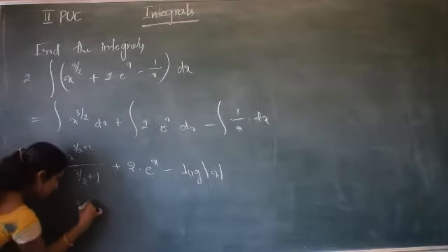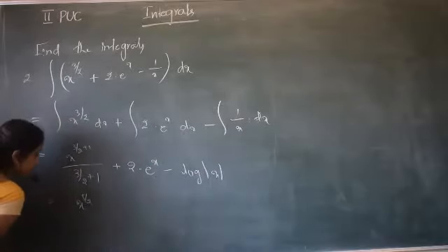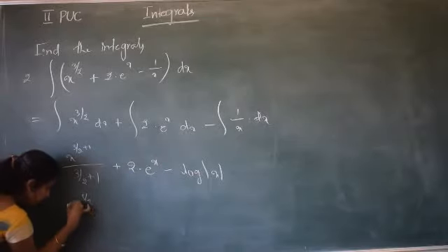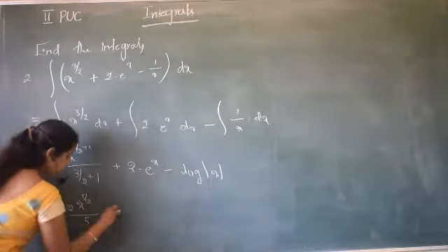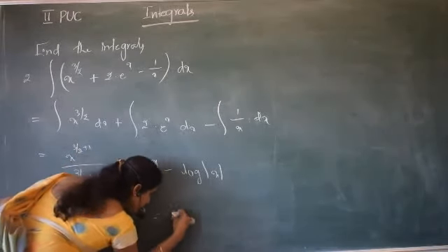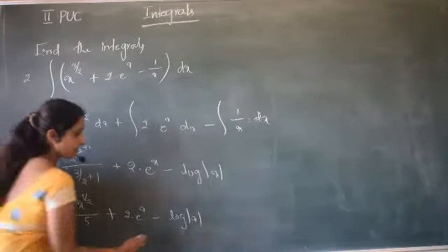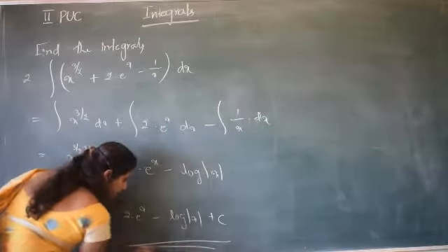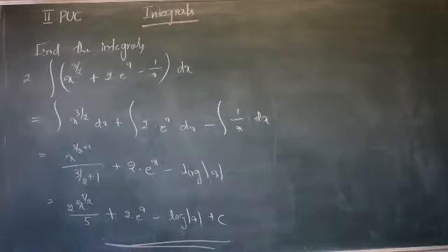So x to the power 5 by 2 divided by 5 by 2, then 5 by 2 goes to the numerator, so this will be 2 into x to the power 5 by 2 divided by 5, plus 2 into e power x, minus log mod x, plus c. Plus c is the integration constant. So now this is the integral value of the given function. Next problem.